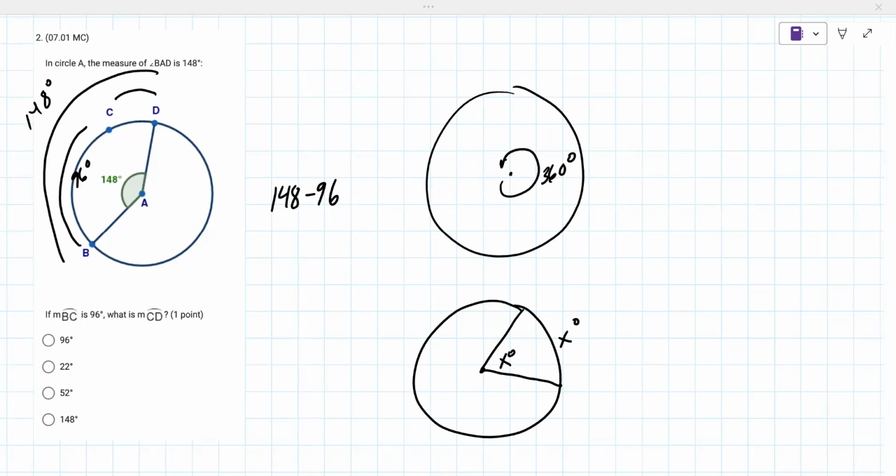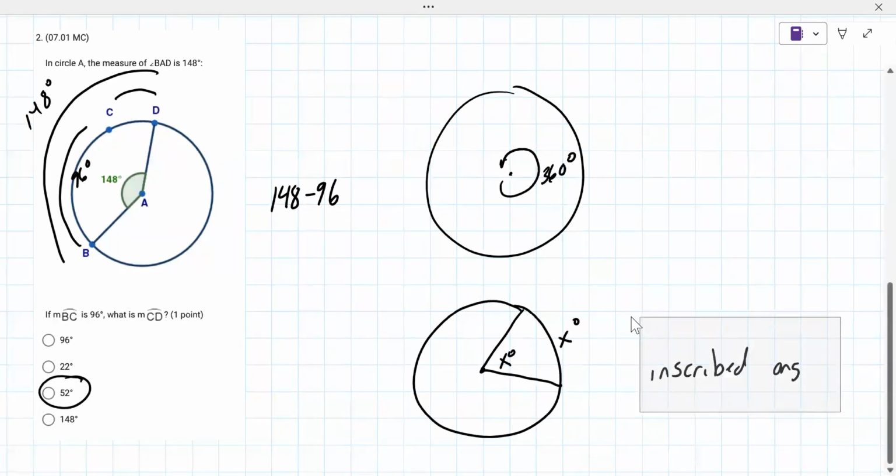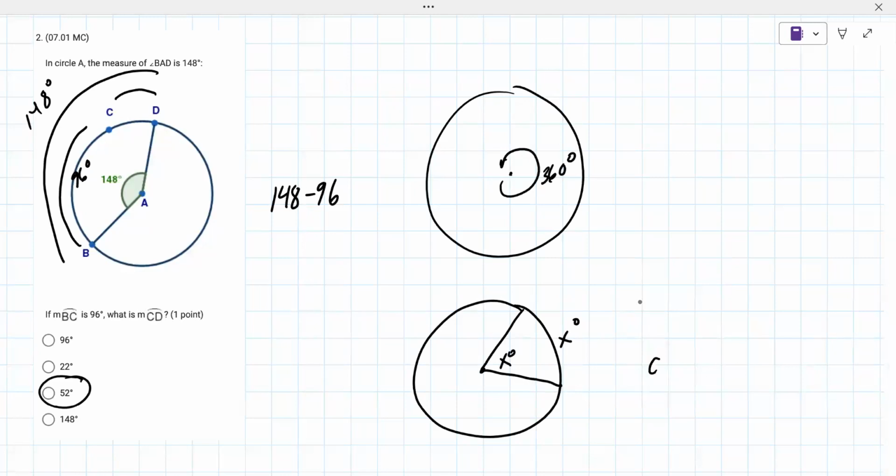That would be 52. This would be 52 there. And this is called a central angle. I might have said inscribed, but this is called a central angle.